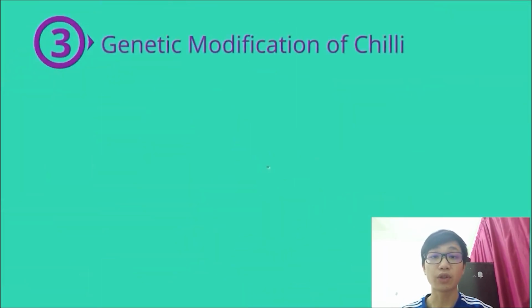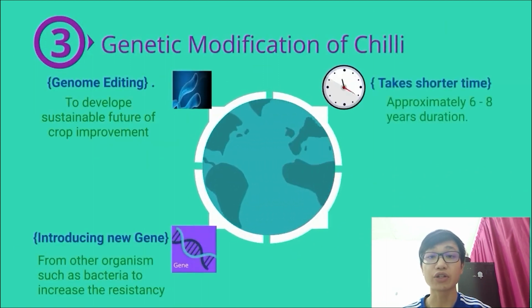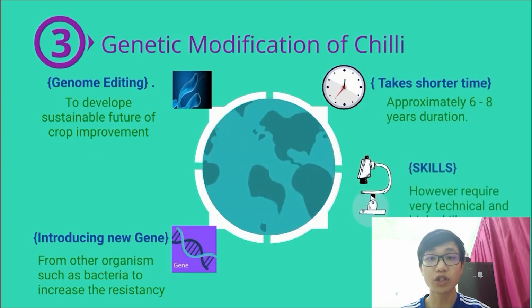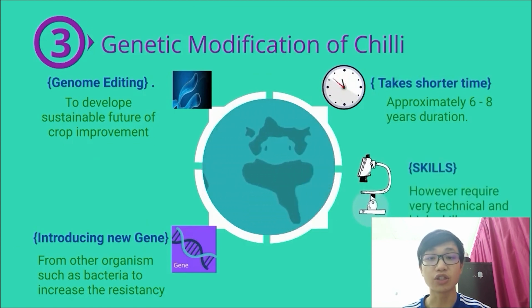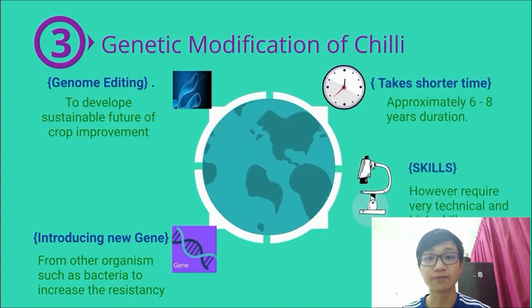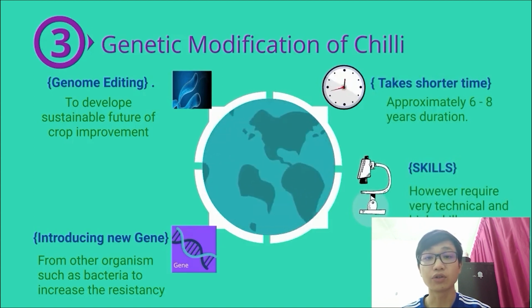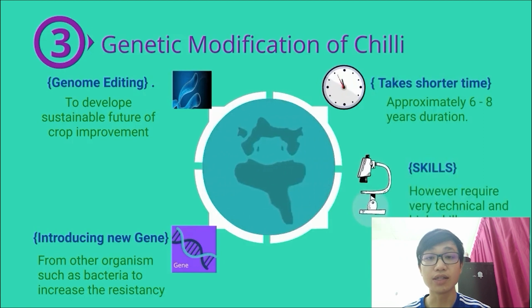Next, for genetic modification breeding, the first and most common modification is via genome editing, which is the alteration of genes in the chili plant itself to produce a more sustainable crop in the future. On the other hand, there is introducing new genes to the plant itself, such as from bacteria and viruses, to increase disease resistance.